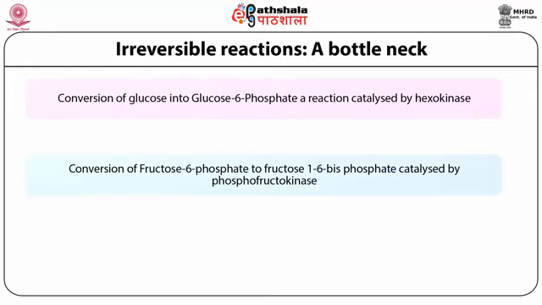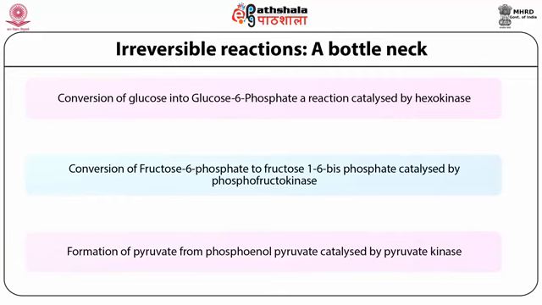And the third reaction is formation of pyruvate from phosphoenolpyruvate, catalyzed by the enzyme pyruvate kinase. Essentially, these reactions don't allow gluconeogenesis to proceed as easily as glycolysis.